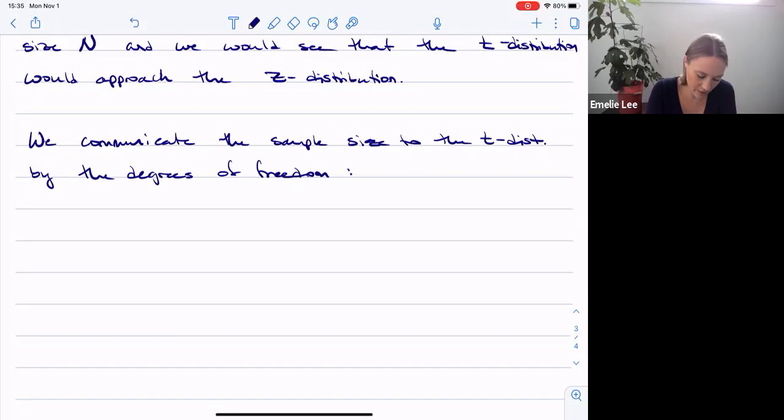Now, the degrees of freedom, we usually denote them just by df, and the degrees of freedom is just n-1. We can talk about why that is, and I'm pretty sure there was a textbook that actually discussed why it's n-1. That's not something that we're going to care about right now, but of course there's a reason.